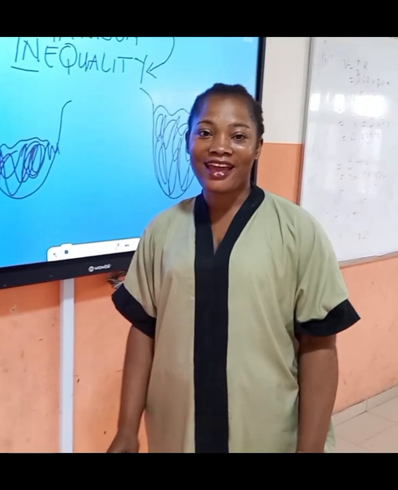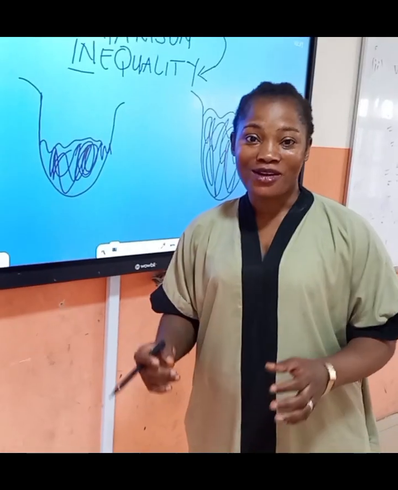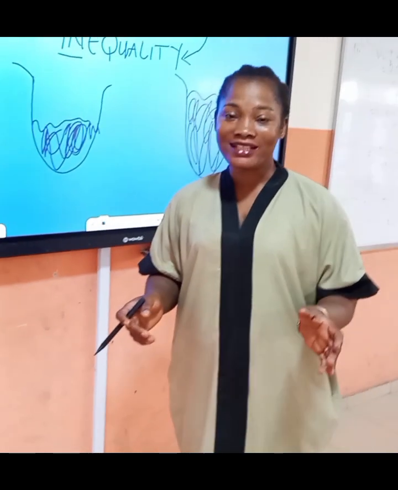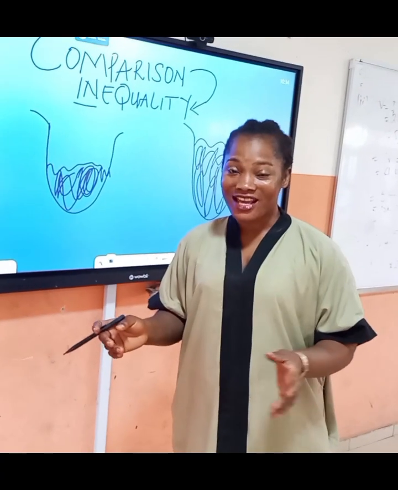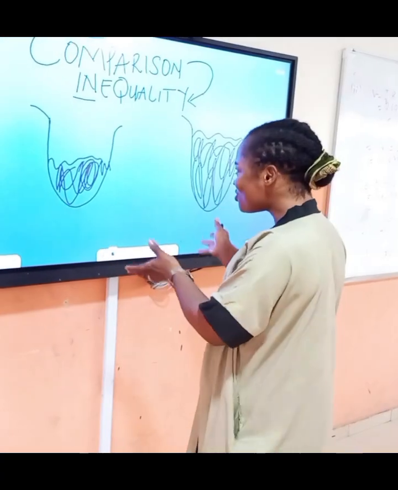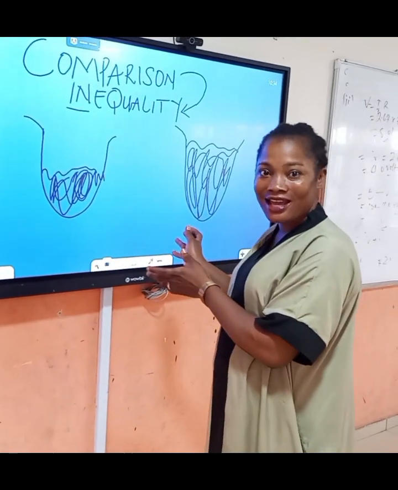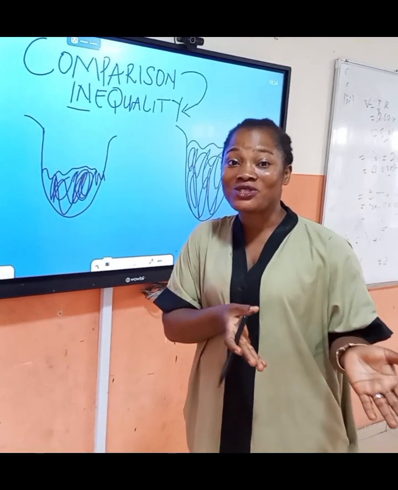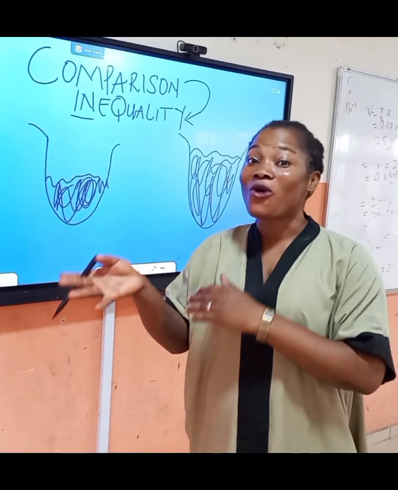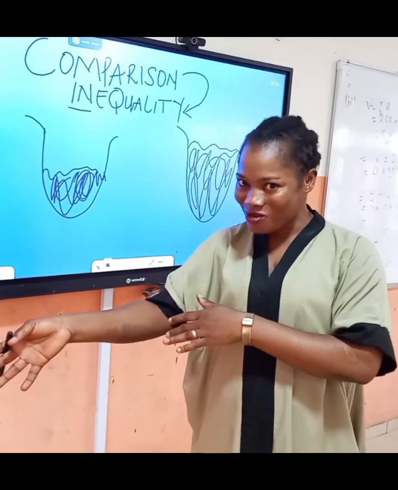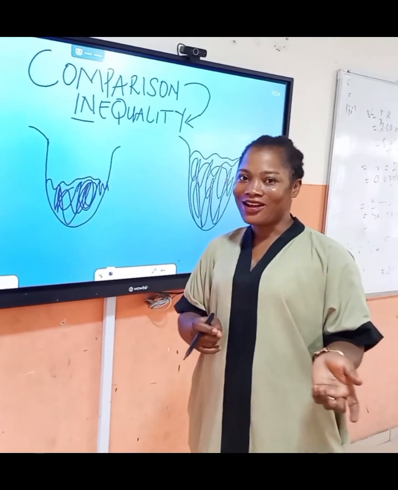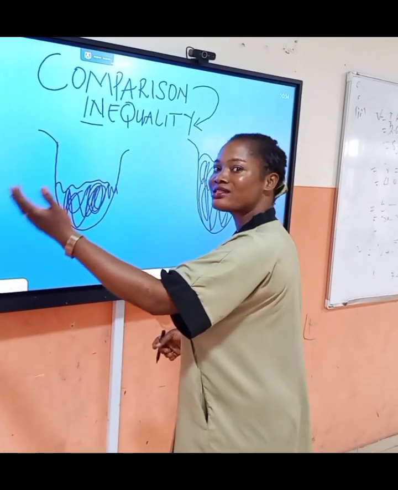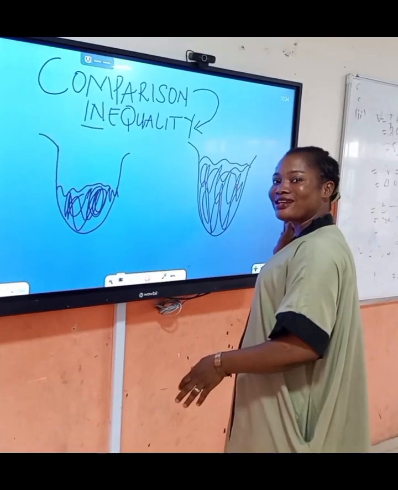We've been able to look at numbers that are bigger or greater than the other. Now let's look at an object. Right now here I'm having 2 containers filled with water. Now let's see which one has more quantity of water in it than the other, or which one has lesser quantity of water in it than the other. Look at it. Is it the one by my left hand side or the one by my right hand side?